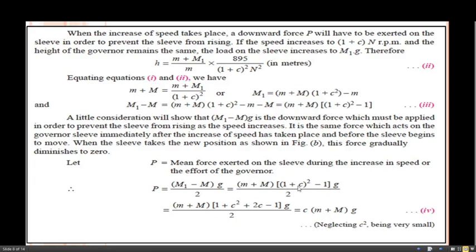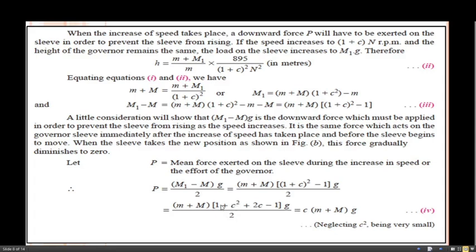Now expand this term, (1 plus c) whole bracket square, which means 1 plus c square plus 2c. After this, if you look at this equation, the value of c is very small, and taking its square also gives a very small term, so neglect c square and write the remaining part here.